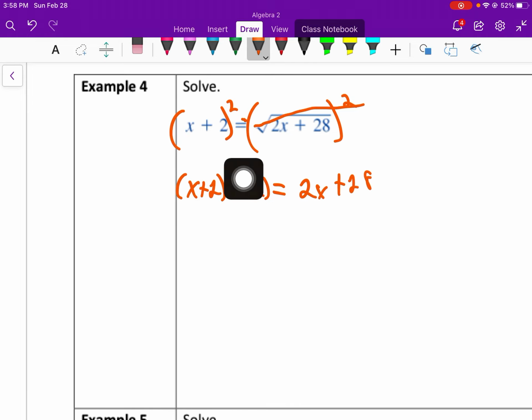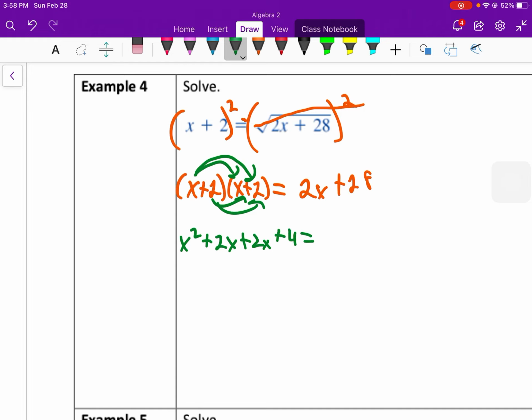Now I need to distribute the left side. So when we distribute, we get x squared plus 2x plus 2x plus 4 equals 2x plus 28. Combine like terms. 2x plus 2x is 4x plus 4 equals 2x plus 28.